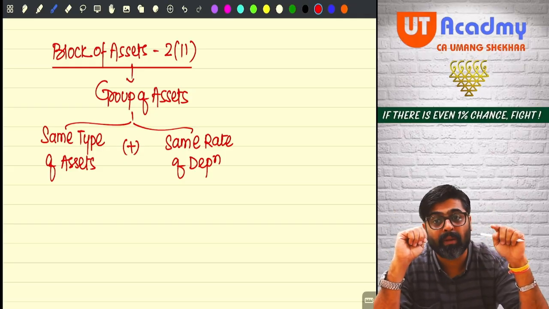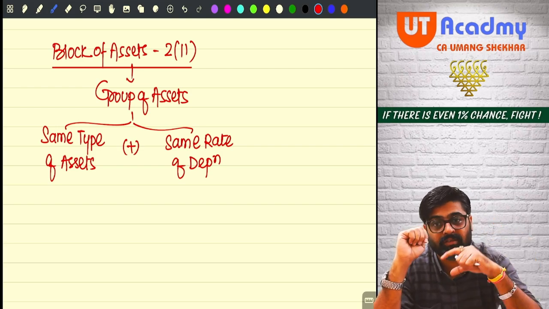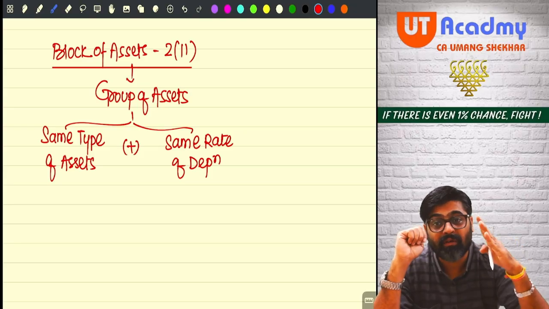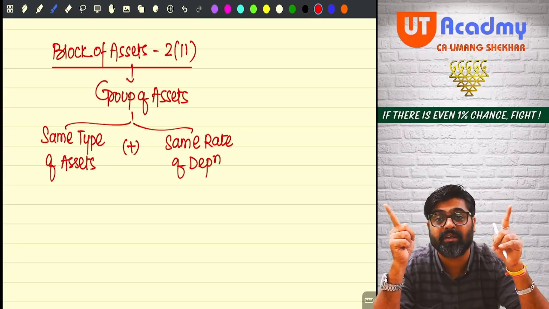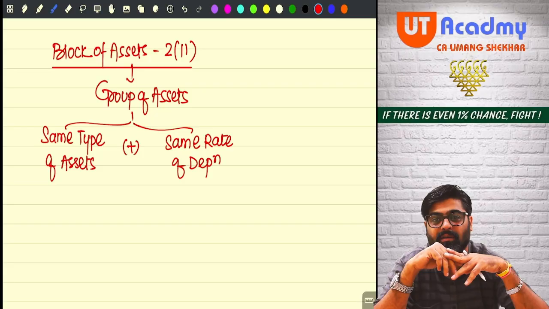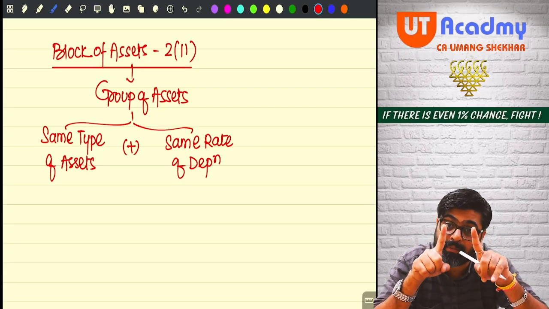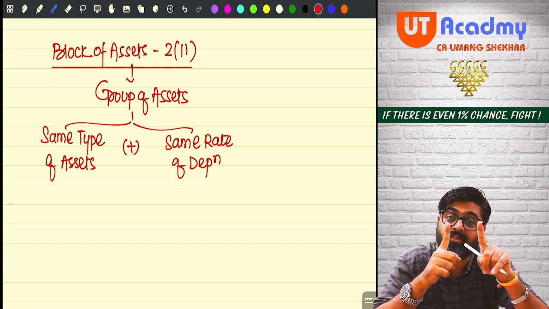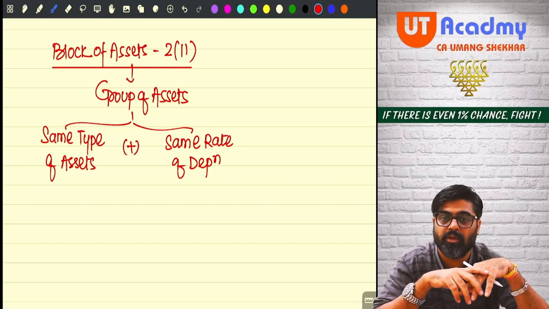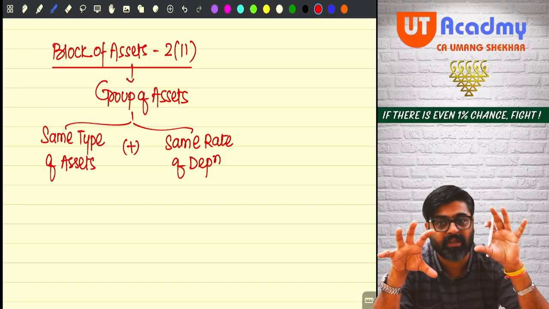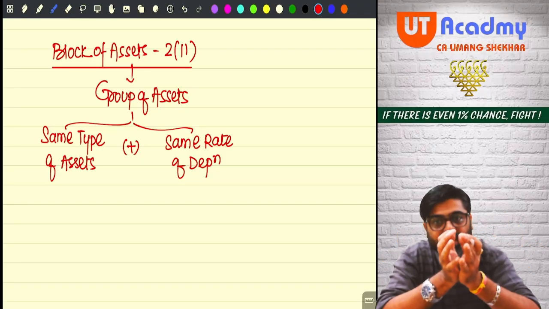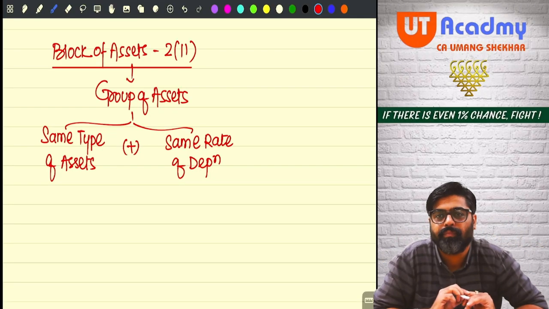And even the building which is having a 10% rate, the rate is same. You see, no? We'll have a separate block because the assets are different. So in a block, you will always group those assets which are of same type, having the same rate. So same type of asset, having the same rate of depreciation, combine them together, you will get a block.